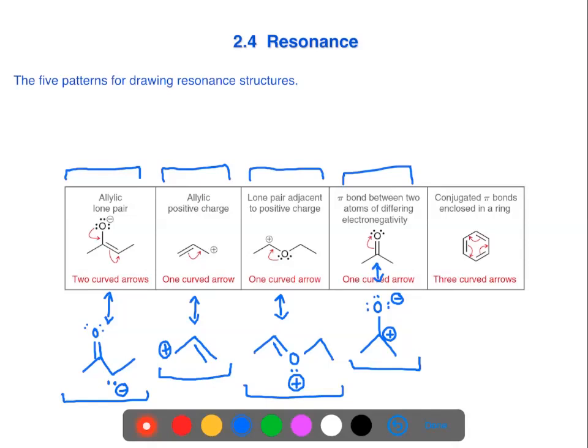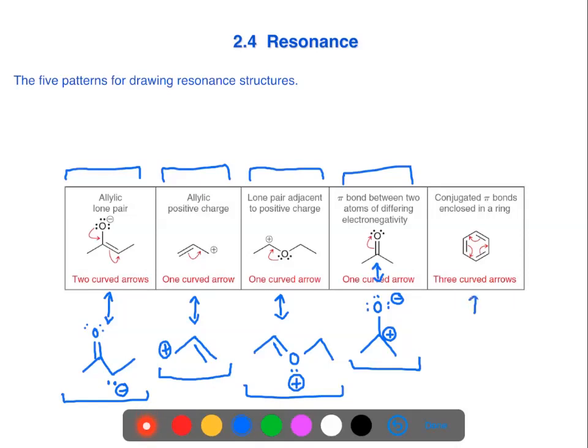And then finally, we have a fifth pattern, which is observed with ring systems like these, which are called aromatic systems. This is benzene, where we just have the movement of pi electrons around the ring. And so we can show what's known as conjugated pi bonds in various resonance forms.